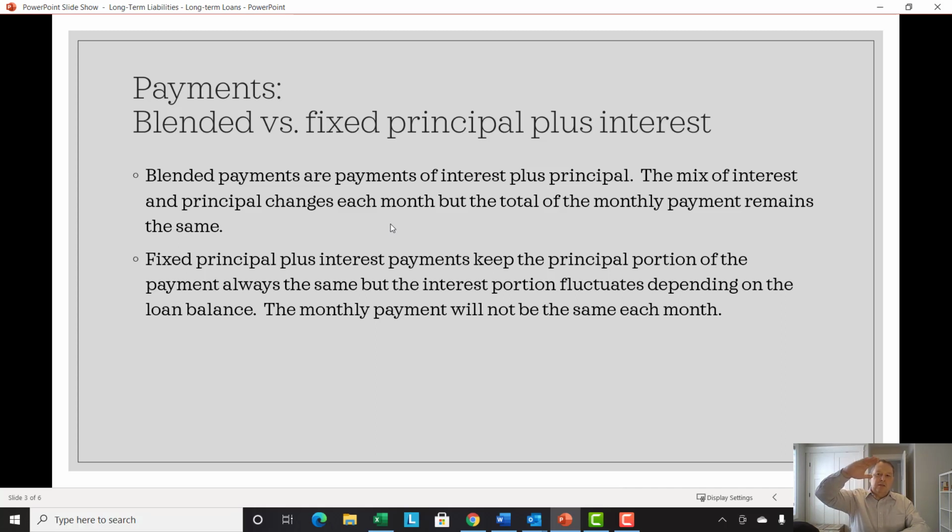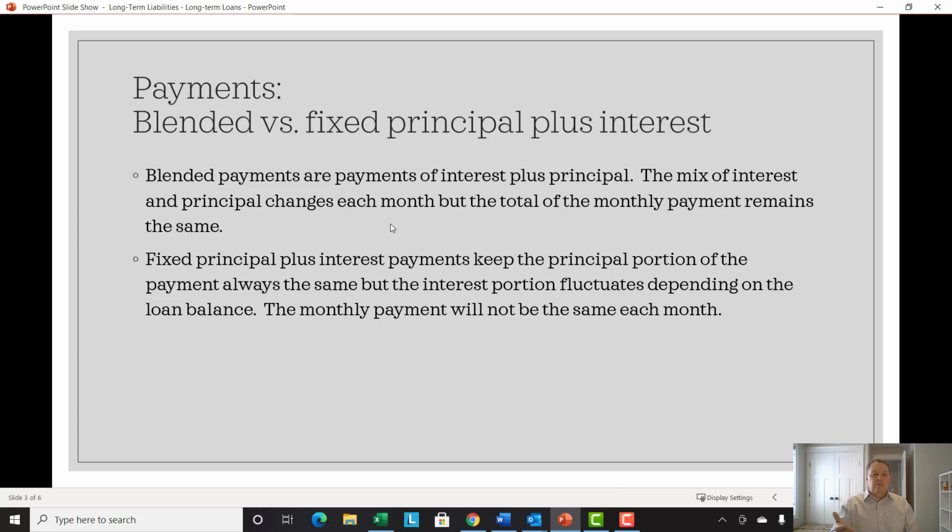So if our payment is $10,000 and in the first month we pay $4,000 in interest, well, then we're going to have $6,000 principal. Next time, you might have, say, $3,800 of interest, and then we'll pay $6,200 worth of principal. But the total amount of the payment remains the same. It's always $10,000 in that case.